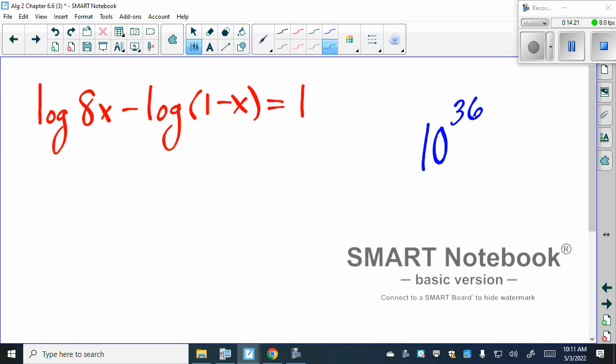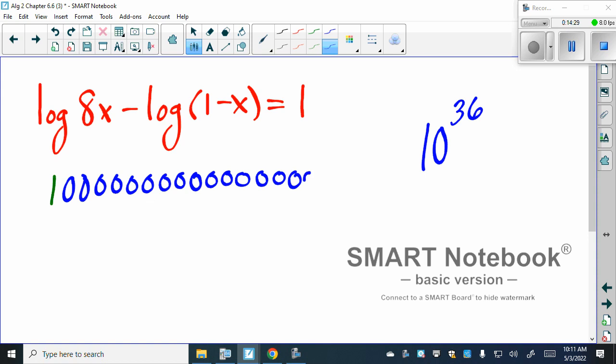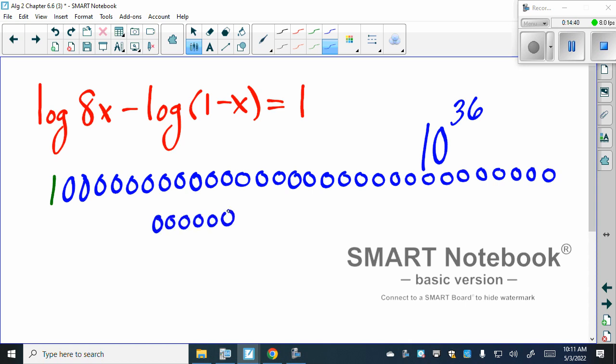I mean, we could write it out. It is 1 undecillion.